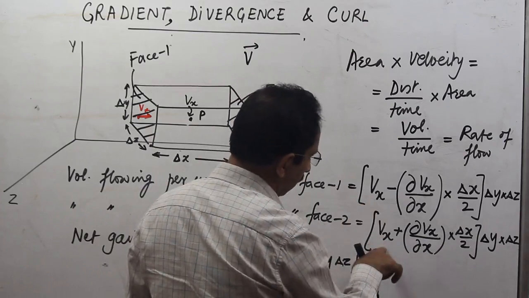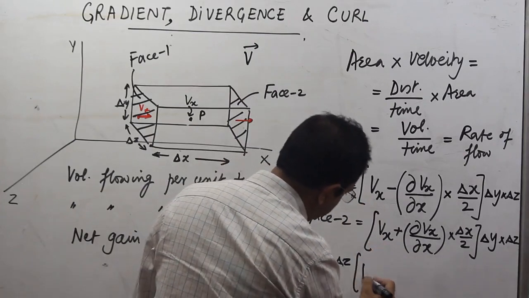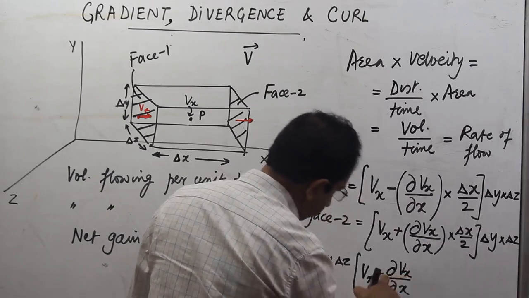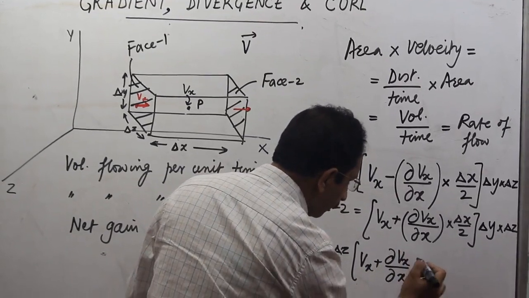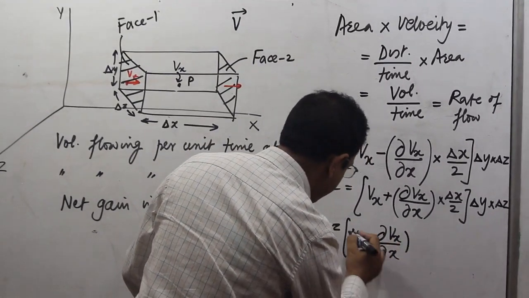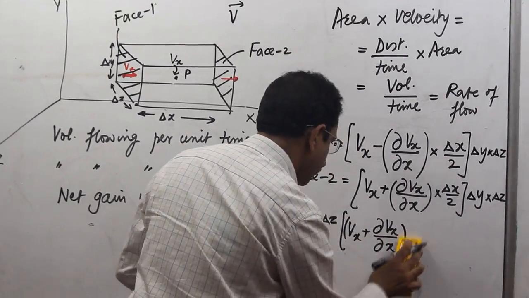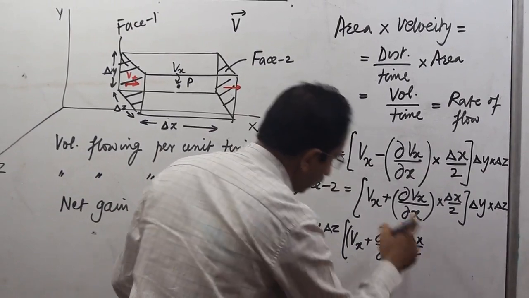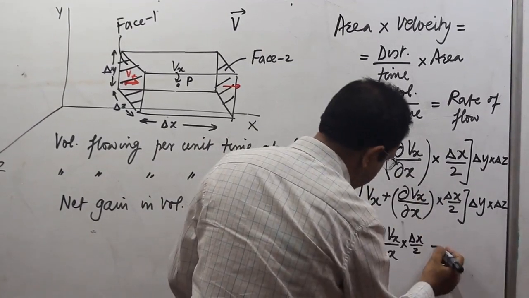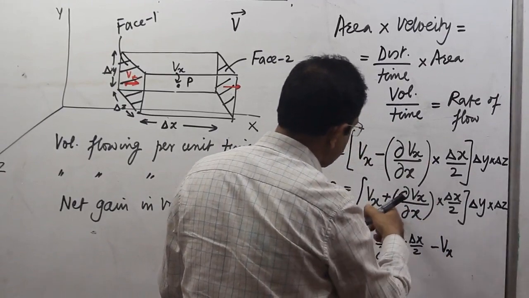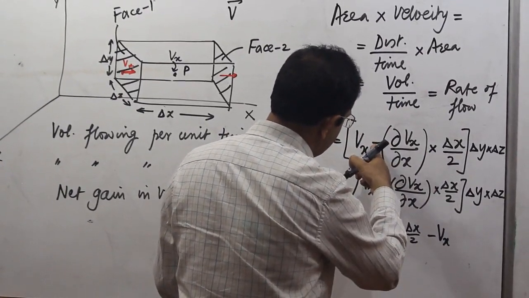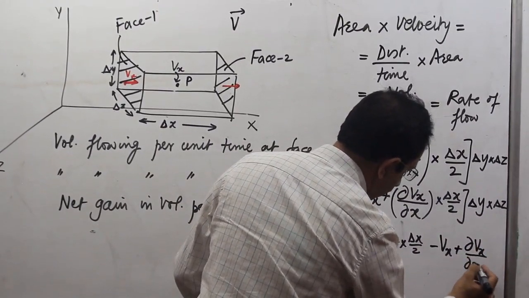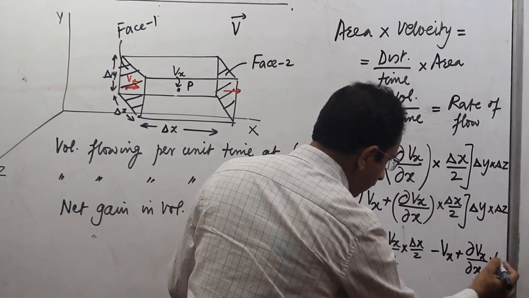When you subtract by opening the brackets, you will have Vx plus dou over dou x of Vx into delta x by 2, from which you subtract Vx. When you subtract, this minus into minus becomes plus, so plus dou Vx by dou x into delta x by 2.